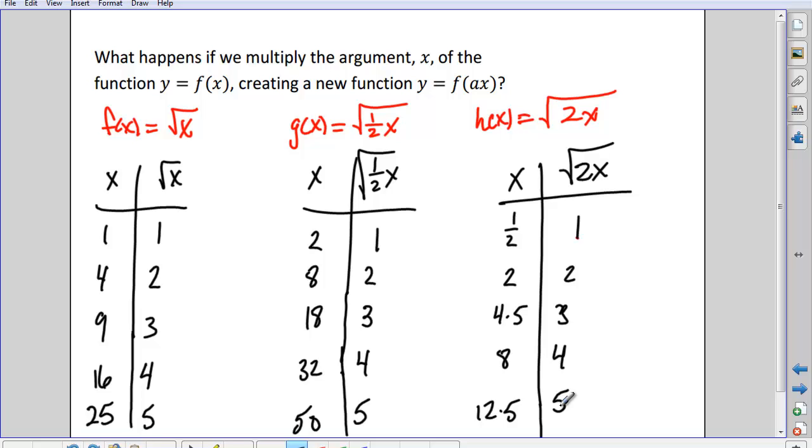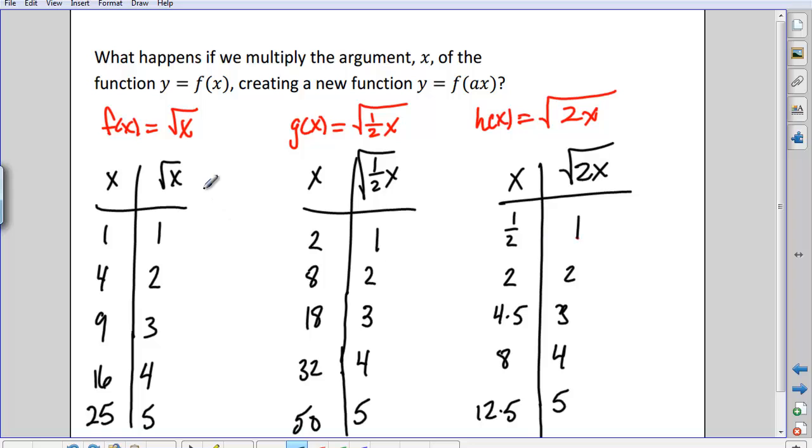Basically, the y values all stayed the same, right? Those are the function values. Here we had 1, 2, 3, 4, 5 on all three of these. The difference is the x columns. And here, if you'll notice, look at this third one. For the y value 1, I needed an x of 1/2. For y value 2, I needed an x value of 2.